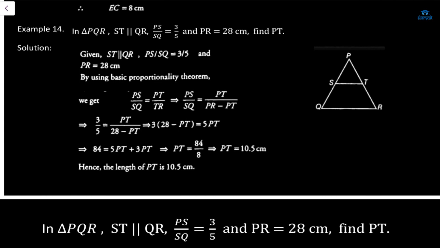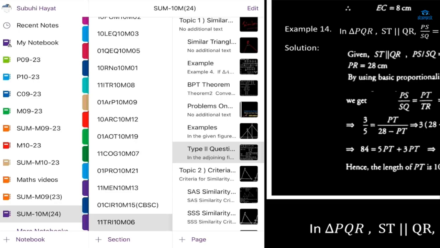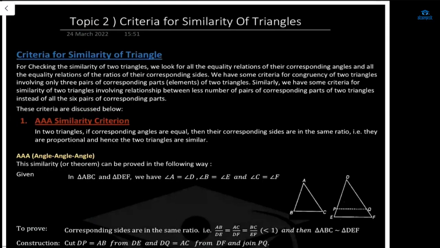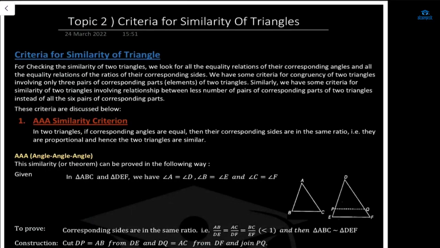Fine. Now the criteria of similarity. Similarity of triangles: you know that congruency and similarity, two things are there. Congruency means the figures should overlap each other, exactly one upon the other, like identical twins. But similarity means they look similar; they will not overlap.